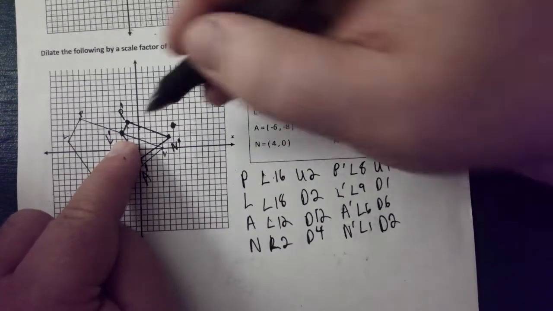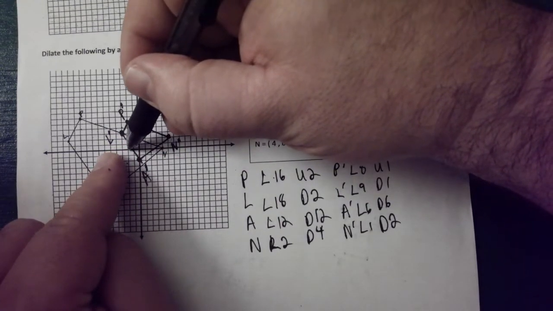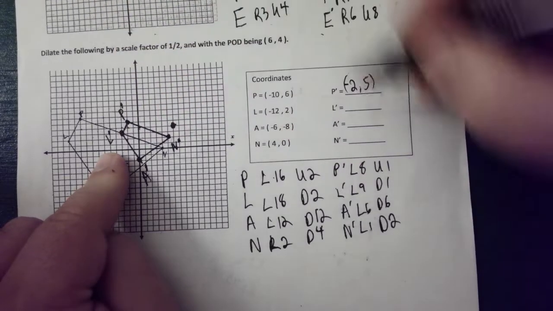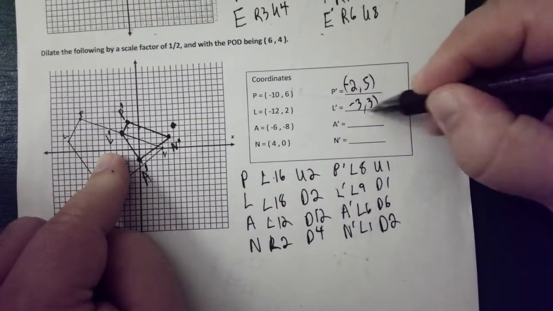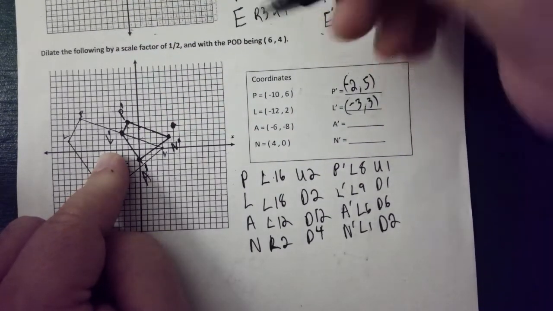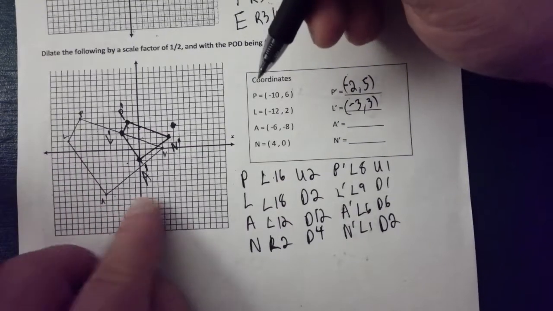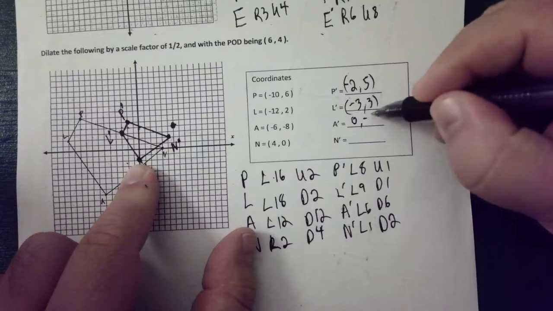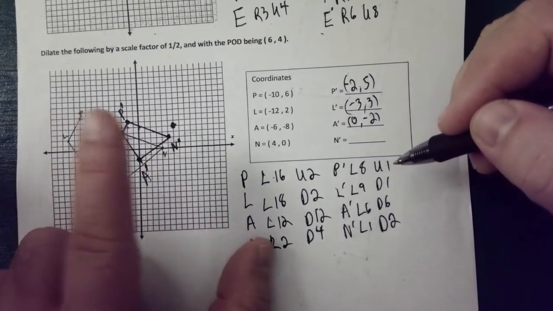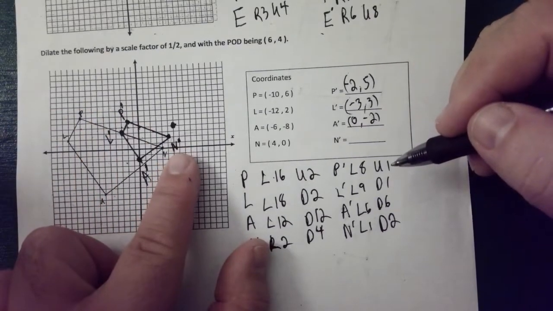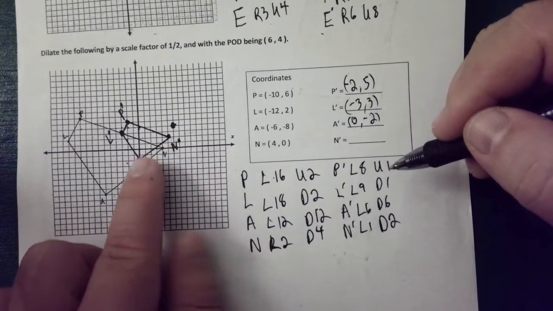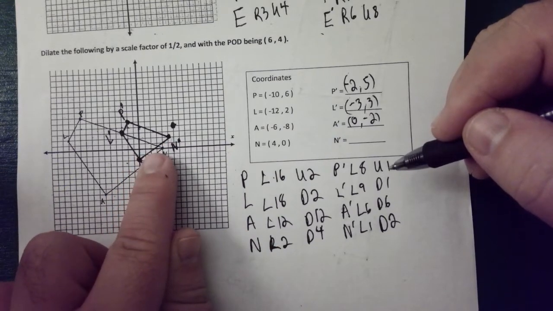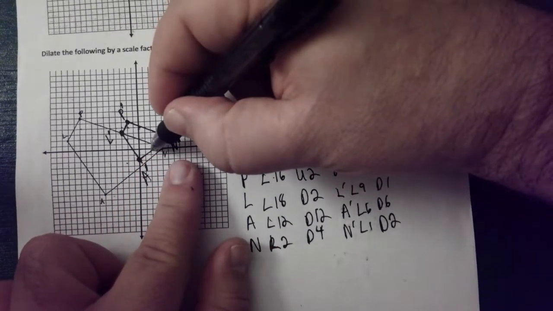That would be negative 2, negative 3. A prime would be down here. Oh, that's just going to be negative 2. Oh, excuse me, that's 0, negative 2. My apologies. And N prime is right there. That's going to be 2, 4, 5, 2.